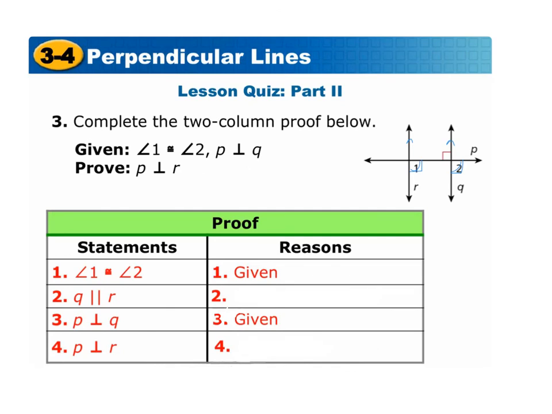Sam, how did we know that Q is parallel to R? Sam Higney. You just said it. Corresponding, because the corresponding angles are congruent, so then the lines are parallel. So this is because corresponding angles are congruent.